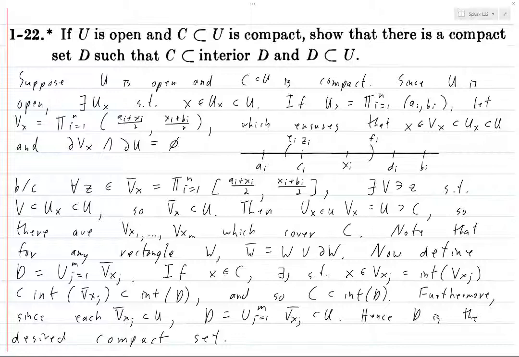Similarly here, D is a union of closed boxes, and that itself can be contained in a closed box, which, if you wanted, could be contained in an open box with a larger radius. In any case, it's bounded.